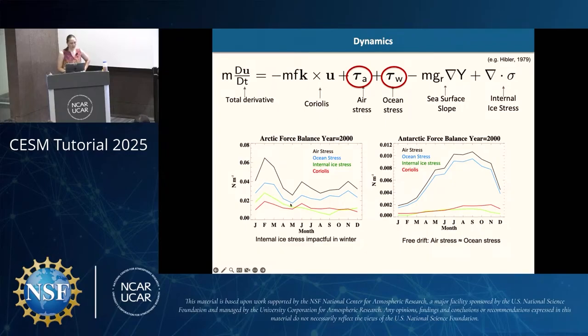They're still the dominant terms, but we also have internal ice stress and somewhat Coriolis force impacting different parts of the momentum equation. In the Antarctic, as I mentioned, we're in free drift, which basically means we just have air stress and ocean stress, and those are the 2 forces that are determining how and where the ice moves. So the internal ice stress and Coriolis are much less important than those other terms.